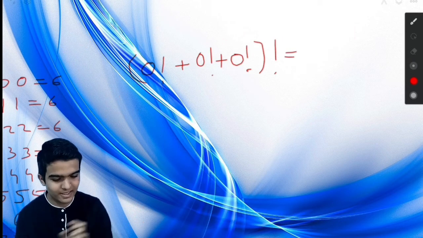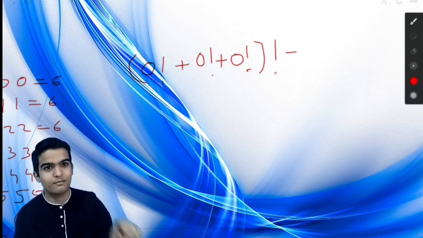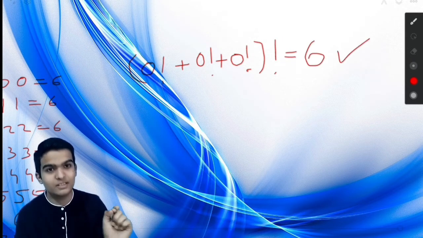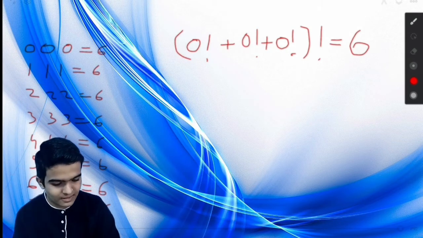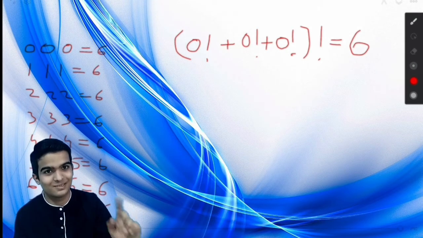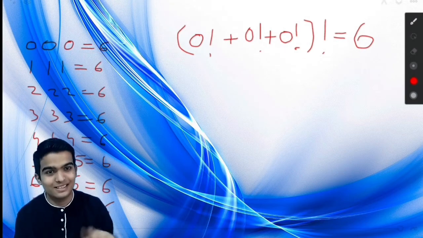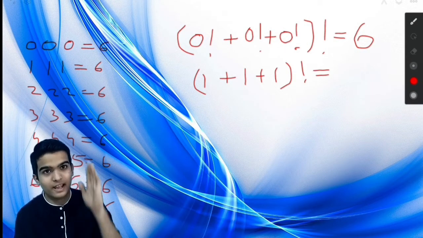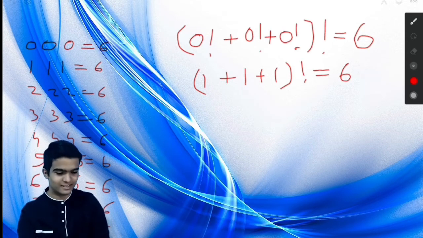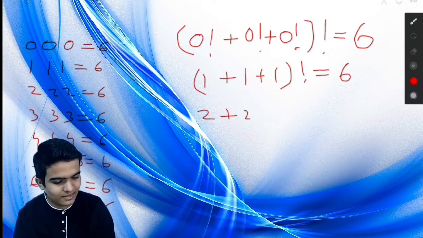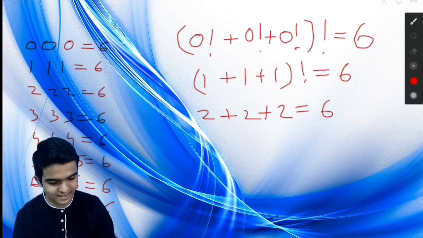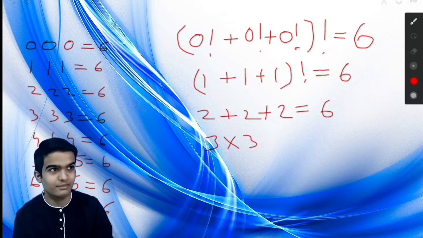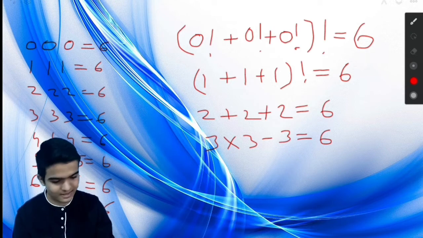So bracket the zeros and put factorial, and we shall get 6. The next is 1 plus 1 plus 1, and its factorial is 6. Then 2 plus 2 plus 2 is 6. And 3 into 3 minus 3 is also 6.